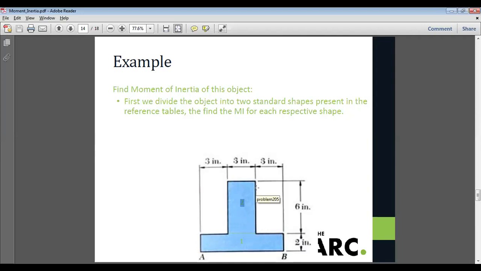Only the process is lengthy. So in order to make the process simpler and concise, we try to make the minimum number of regular shapes of which the moment of inertia is available. So we bifurcate the whole figure into the available shapes, then apply the different moments of inertia and find the results.